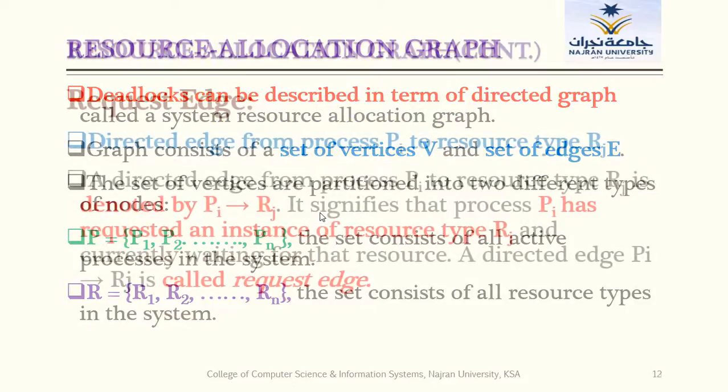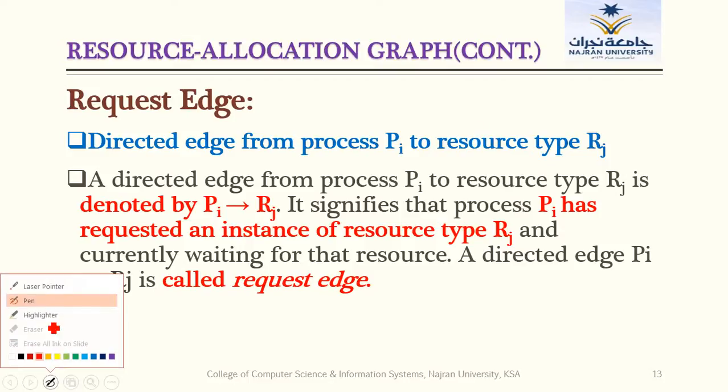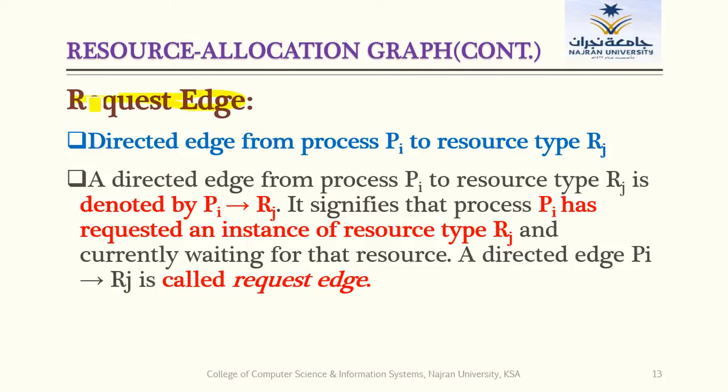Whenever we have a set of processes and a set of resources, we always have two types of edges connecting different vertices. The first edge is the request edge. A process is requesting a resource. Whenever a process is requesting a resource, this will be a directed edge from process to resource. Maybe we have one instance of that resource, or maybe more than one instance.